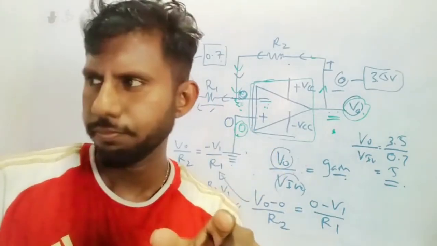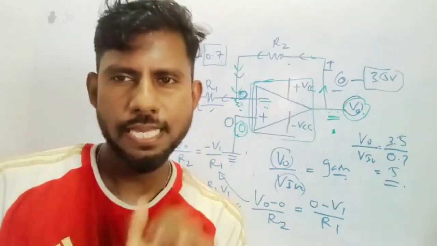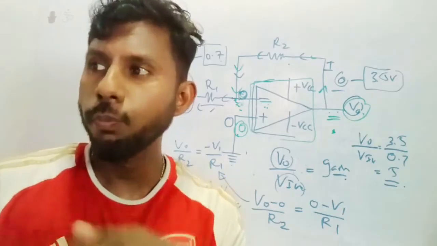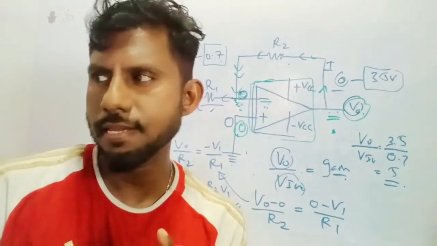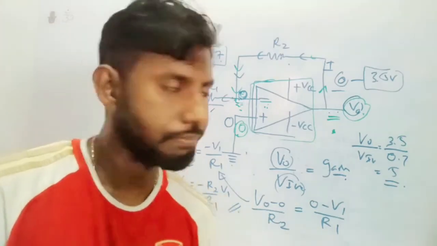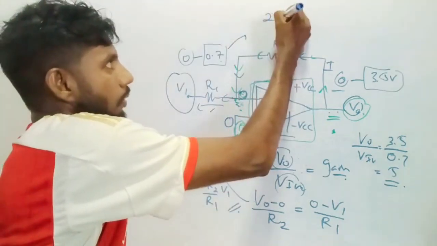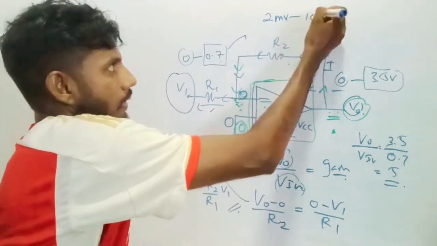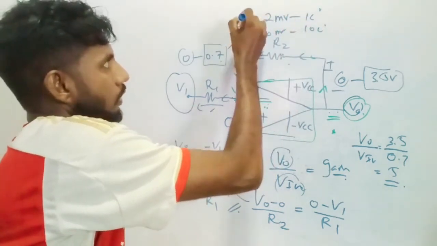Then the small input voltage at 0.7 linearly drops with temperature by 2 millivolt per degree Celsius. Calculate the output voltage of the operational amplifier corresponding to a 10 degrees Celsius increase in temperature. Initially it's 0.7, and 2 millivolt per 1 degree Celsius, so 10 degrees is 20 millivolt. In volt it's 0.02.